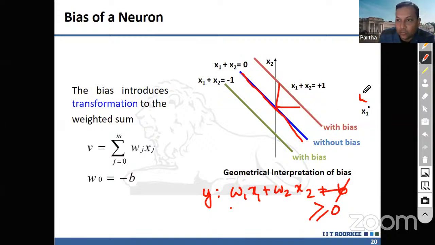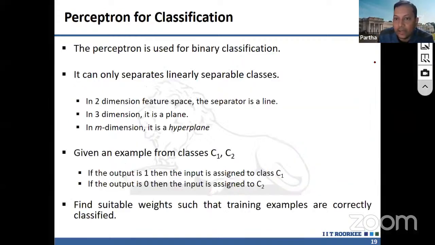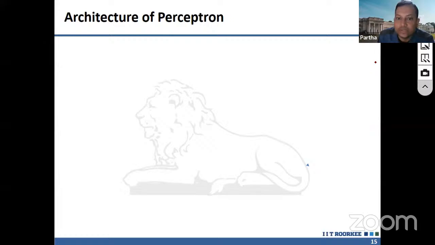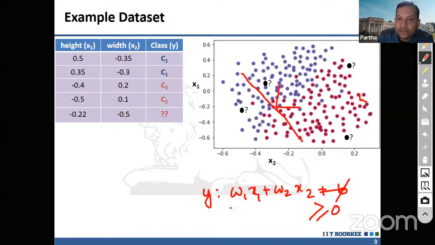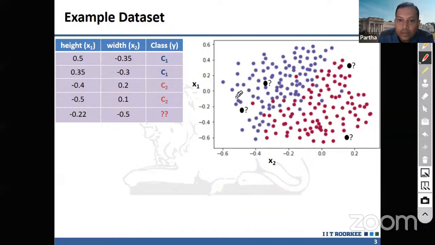Whatever data we have, as in the examples I have shown you, the line will always go through 0, 0.